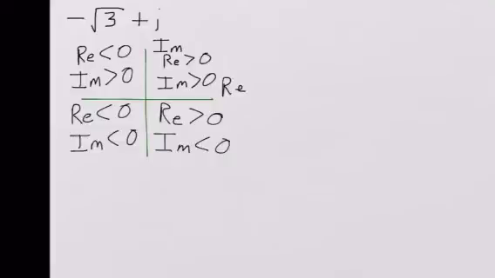So we know that theta, in this case, because we have a negative real part and a positive imaginary part, so that would be this case here. So in this case, theta is in quadrant 2.